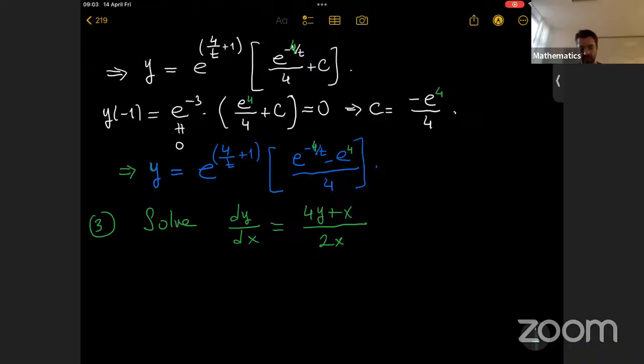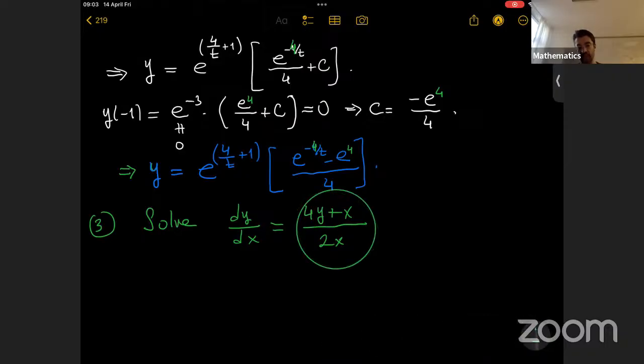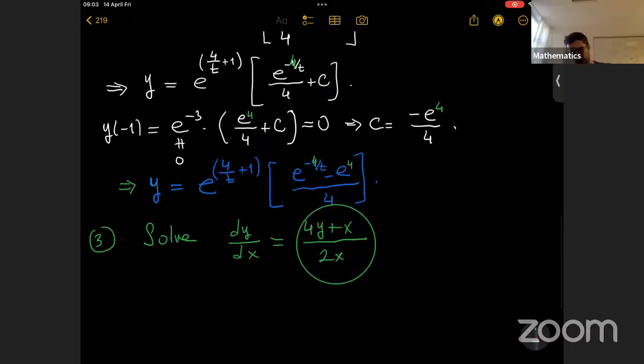Okay, it's homogeneous, right? You can check this when you replace x by lambda x and y by lambda y, this will stay the same. So when you multiply x and y with lambda, any lambda, you will get the same function. That means it's a homogeneous equation.